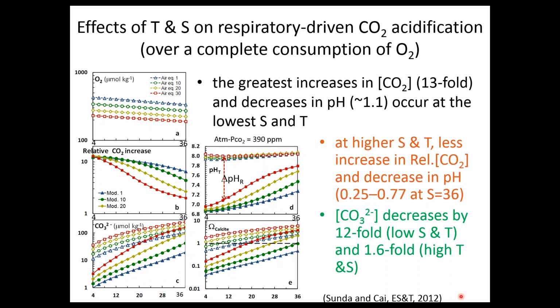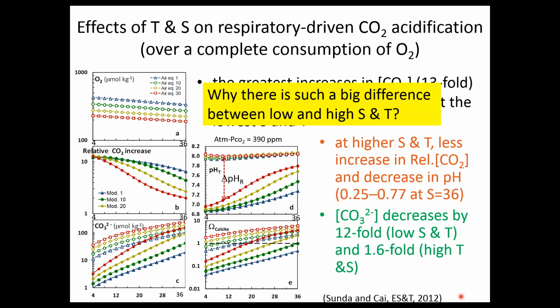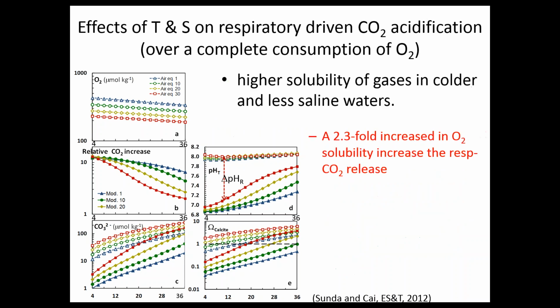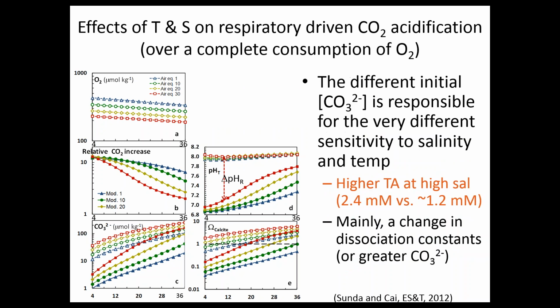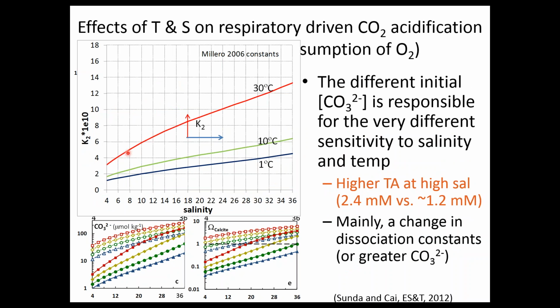I'm going to skip some slides because we're running out of time, but I just want to point out what is really the big difference between low and high salinity. Really, the main reason is that the initial carbonate concentration is much lower. And that is because of K1, K2 changing with temperature and salinity, the K2 mainly.